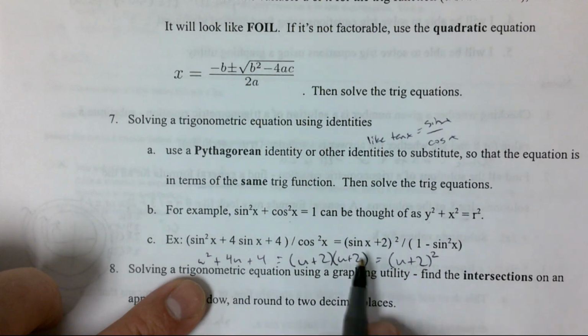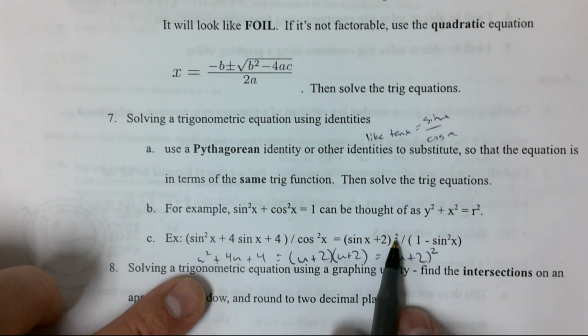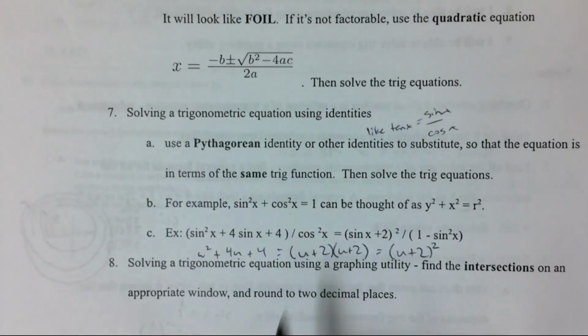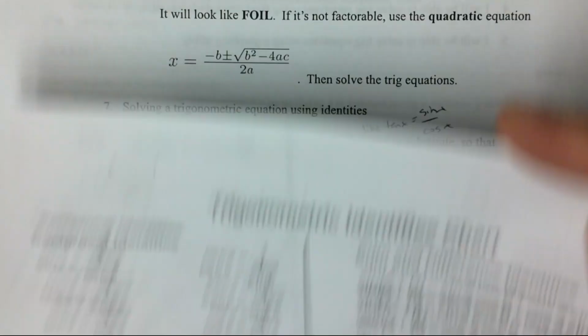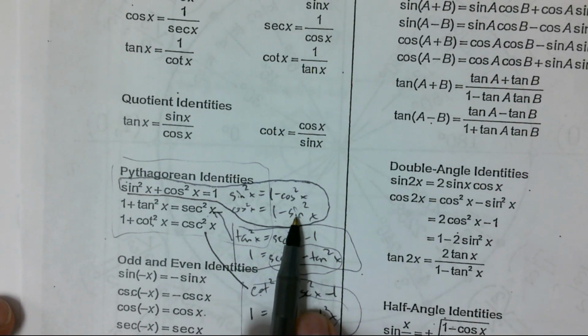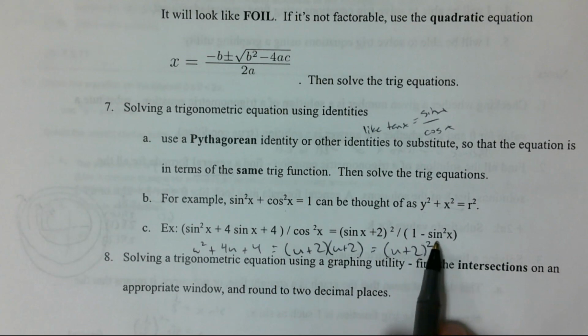Now we rewrite that as sine x plus 2 squared. And for here we have cosine squared x. Back in the notes, we said cosine squared x could be written as 1 minus sine squared, and so that's what we put in our denominator. And so then we're done.